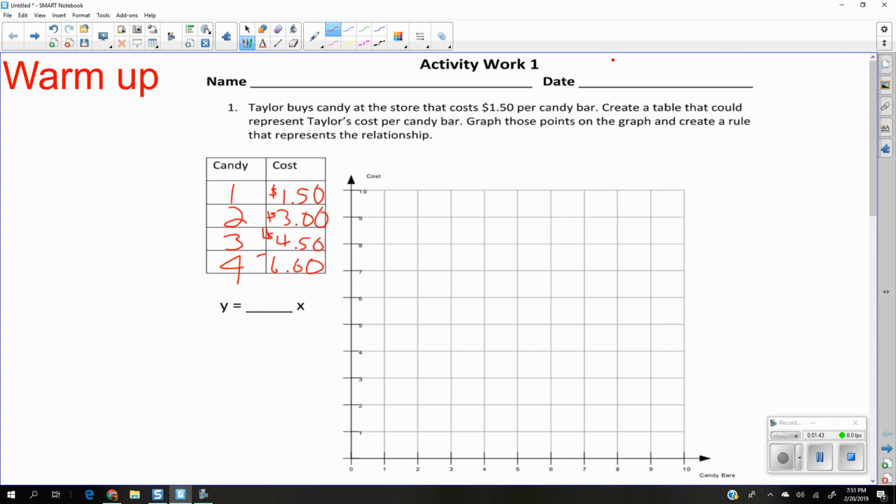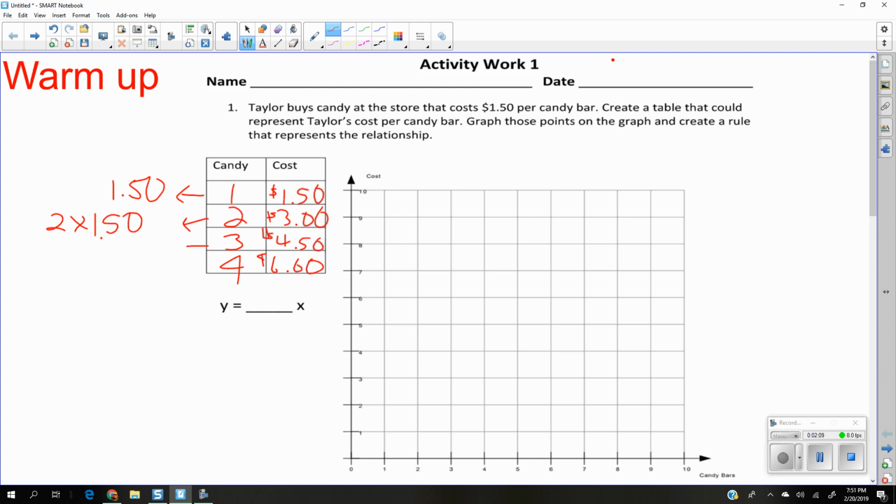So let's look at the pattern. We multiplied 1 times $1.50 to get $1.50. How did we get 2 candy bars? We again multiplied 2 times $1.50 to get $3.